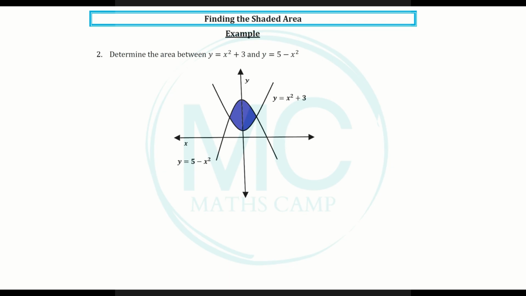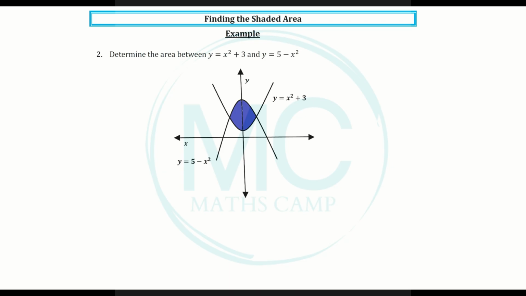Determine the area between y is equal to x squared plus 3 and y is equal to 5 minus x squared. When you have a squared term in an equation, we are working with a parabola. And remember that if the term is positive, we have a smiley face, but if the term is negative, we have a frowning face.